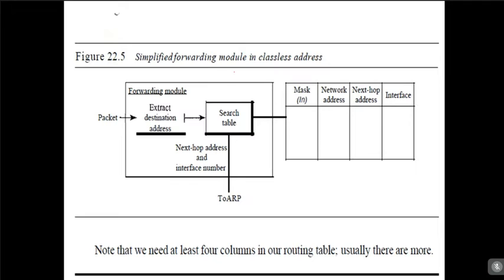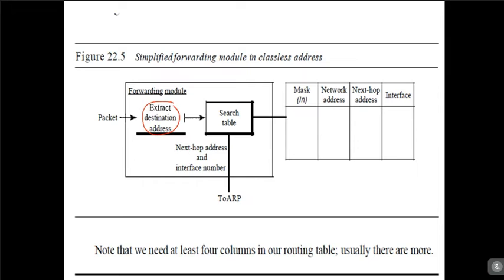Now, to do that particular forwarding delivery, either in a direct or indirect manner, what table are we going to maintain at each and every host? The direct and indirect delivery process is based on the routing table, or we can say the forwarding module. So what does the forwarding module have?